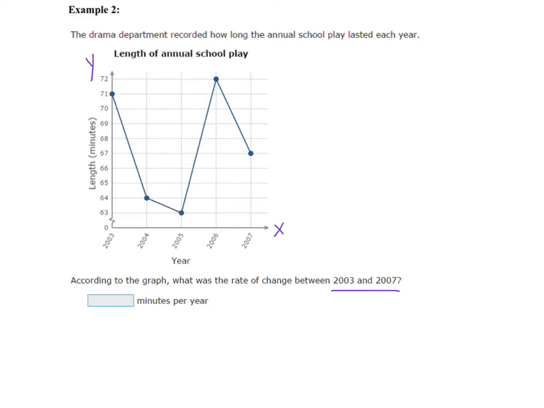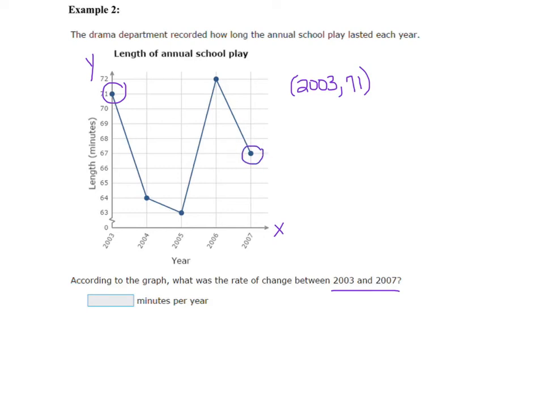So let's identify those coordinates. Our first coordinate, we have 2003 here, and we're going to go right up. So our first coordinate is right here. And your x would be 2003, and your y is 71. And then 2007 is right here. We're going to go up. And that's your second coordinate.